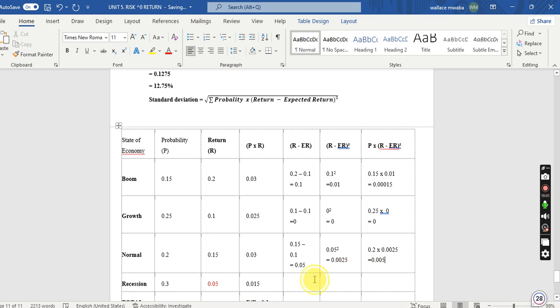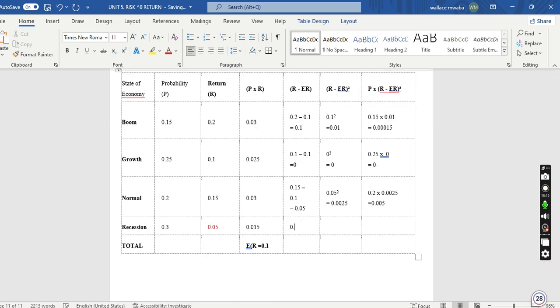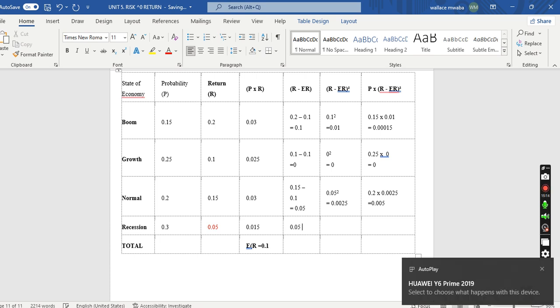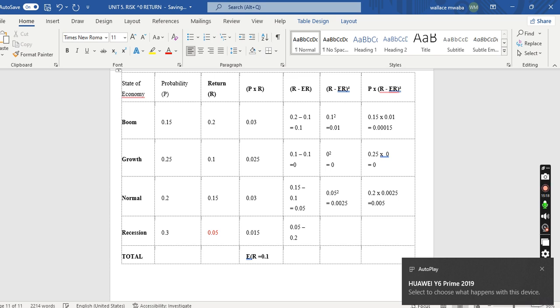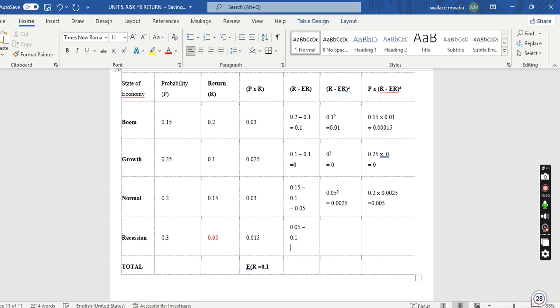Then for the recession, return 0.05 minus expected return 0.1, so 0.05 minus 0.1, we get negative 0.05.